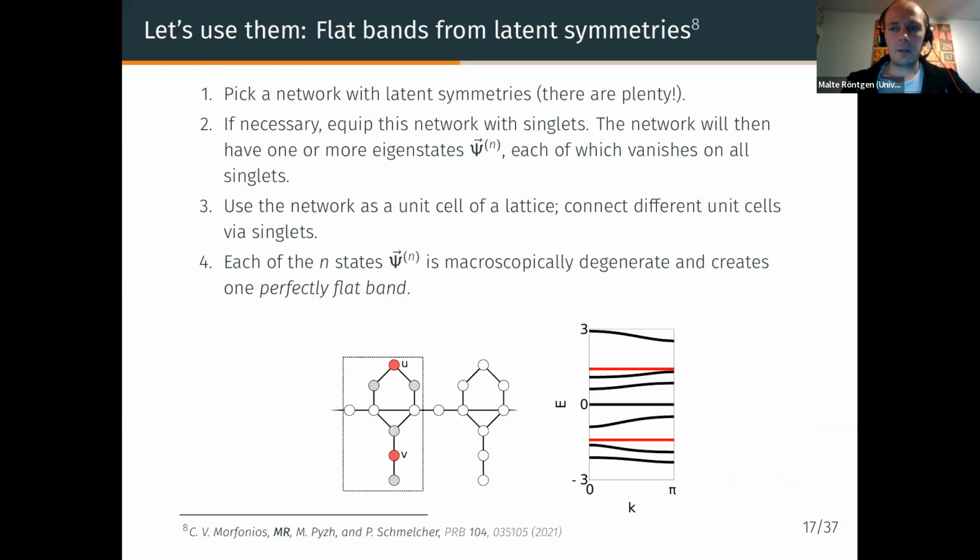Now, not sure if this is the right community though, but let me briefly show you one example of what we can use latent symmetries for. In the condensed matter community in the last years, the concept of flat bands has been a hot topic. A flat band is really, as the name suggests, a band which is completely flat. There are some reasons why people are interested in those.